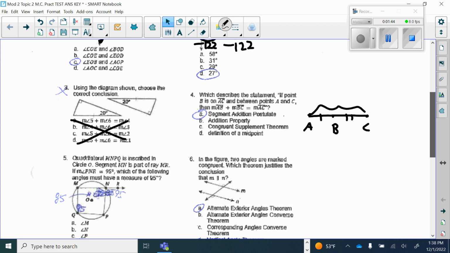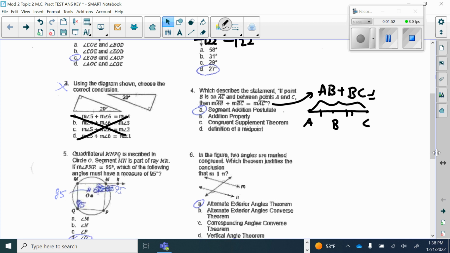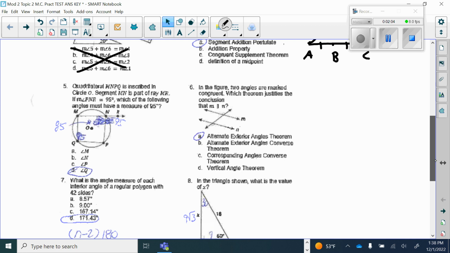Remember I told you the most common way of writing this should be AB plus BC equals AC. Meaning the distance from A to B plus the distance from B to C equals the distance from A to C. That's how most books write it.